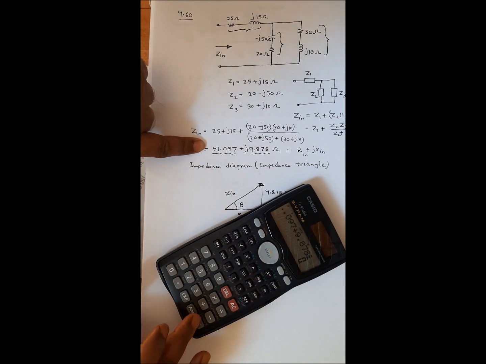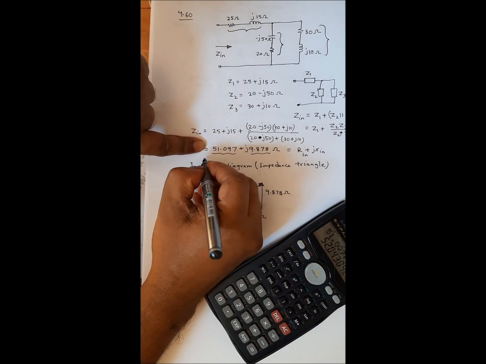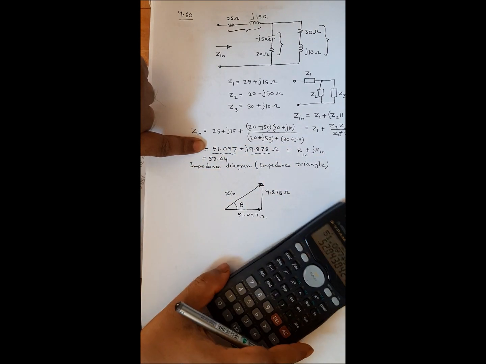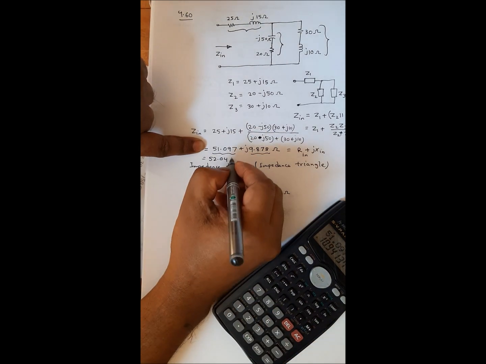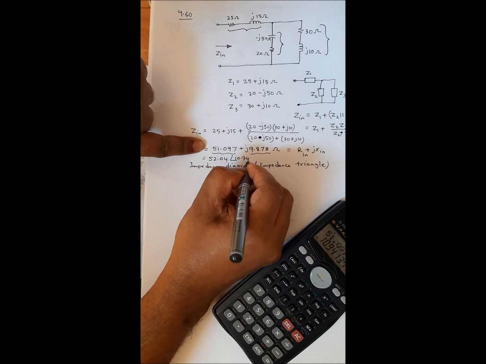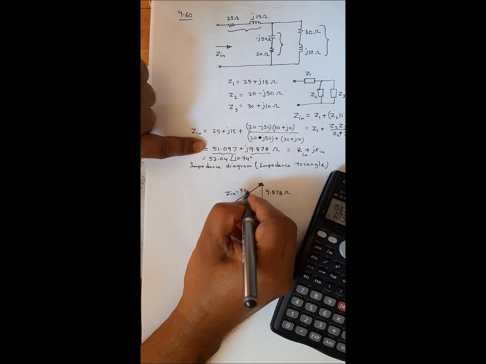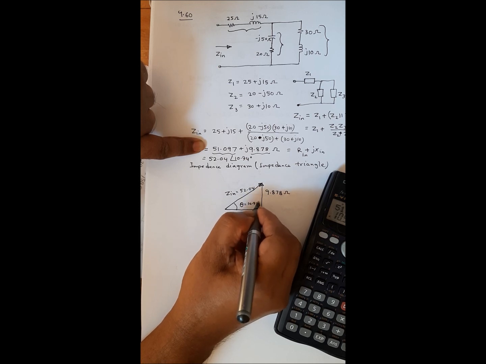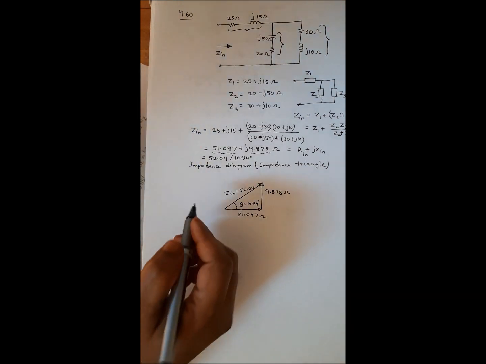Now if I convert to polar, the magnitude will be 52.04, and the angle gives us 10.94. So we can write Zin equal to 52.04 at an angle of 10.94 degrees. So this is how we can find the impedance diagram for the entire circuit.